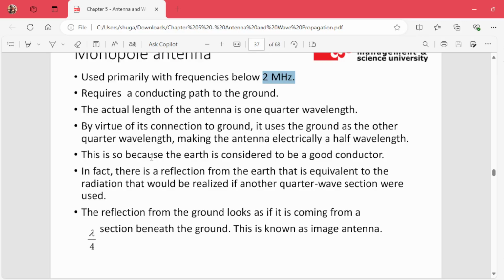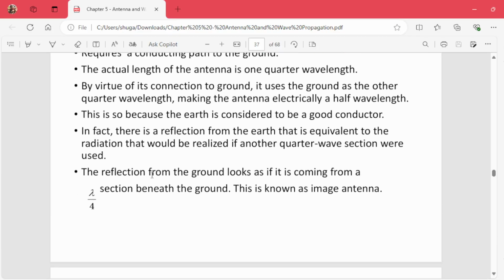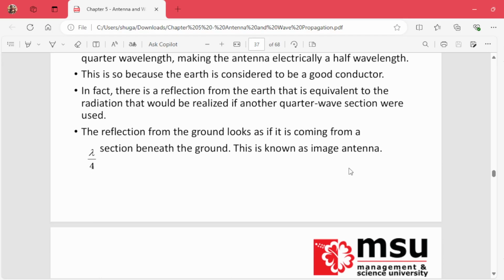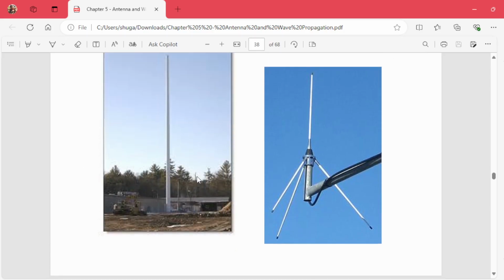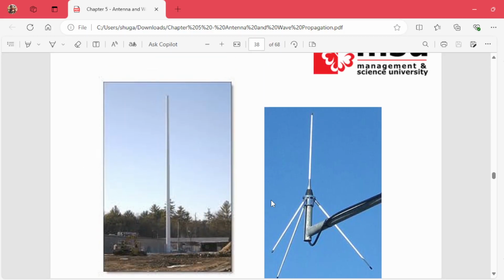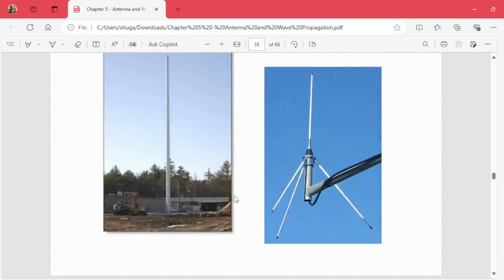This is because the ground is considered to be a good conductor, that's why it is connected to the ground. In fact, there is a reflection from the earth that is equivalent to the radiation that would be generated if the quarter wave section were used. So the reflection from the ground looks as if it's coming from a section beneath the ground, known as the image antenna. As you can see, this is how the monopole antenna looks.